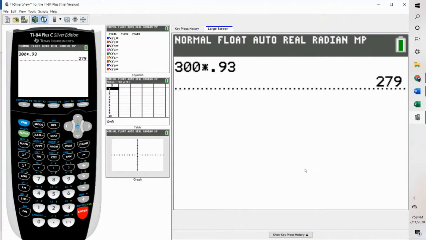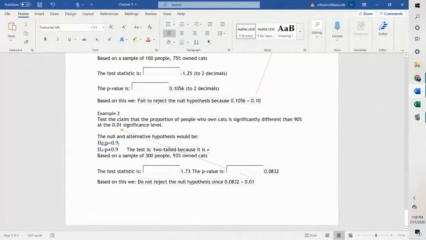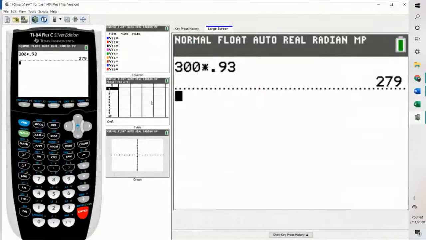We had 279. So 279 out of the 300 people. So our hypothesis is 0.9. And we're testing not equal to. Let's plug it in our calculator.